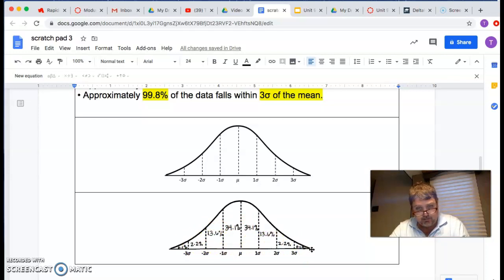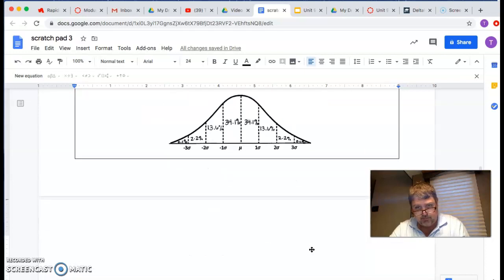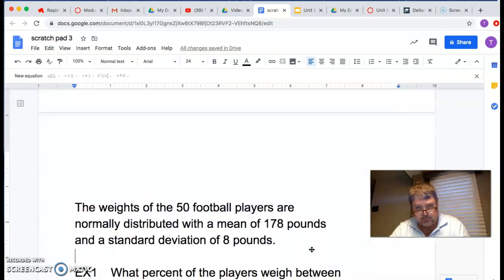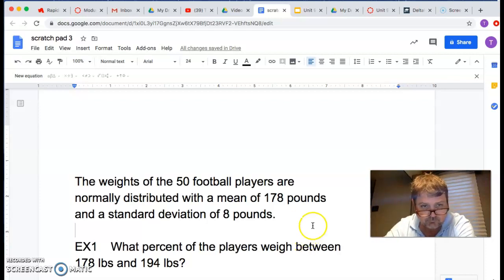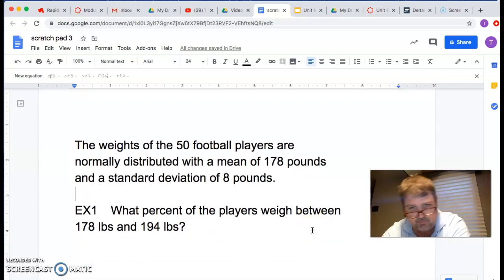And let's go right down here and read a problem. I'll show you how you analyze these and work on them, okay? It says the weight of 50 football players are normally distributed with a mean of 178 and a standard deviation of 8 pounds. So when you read a problem like this, the first thing you want to do is extract the important numbers and assign variables to them that you know.